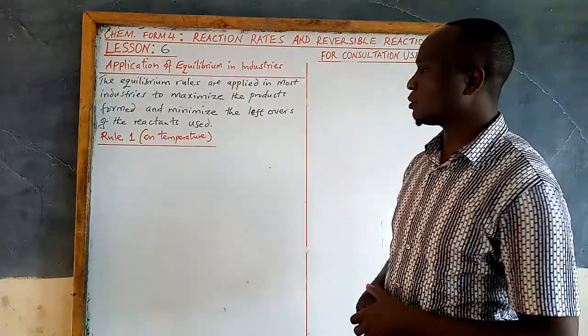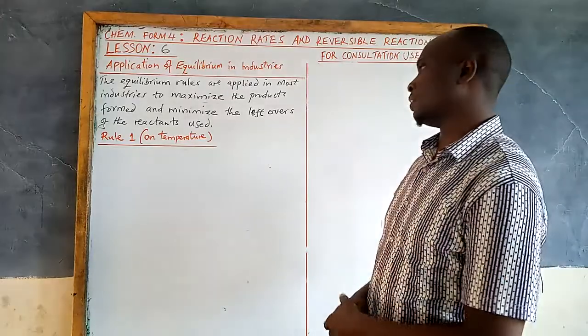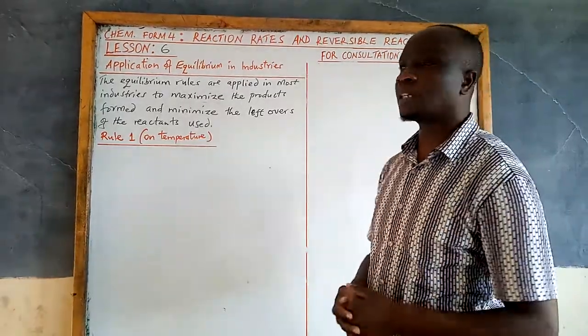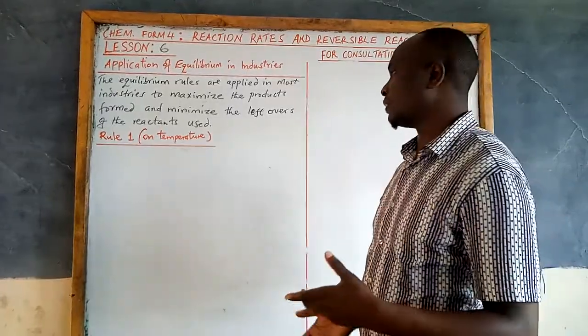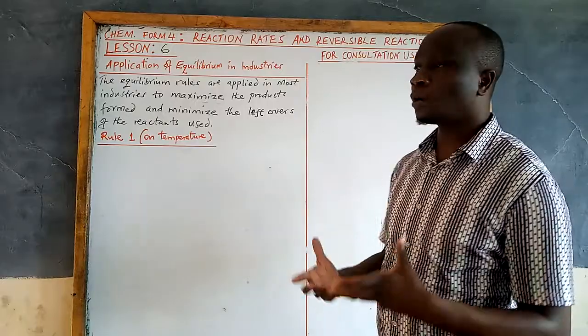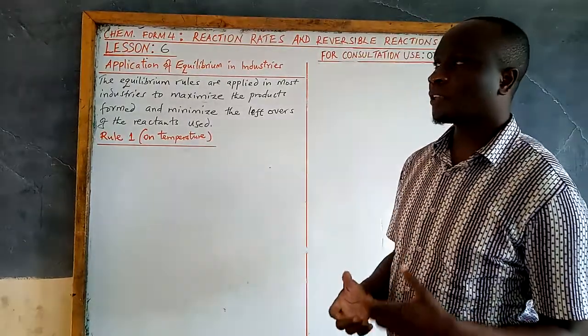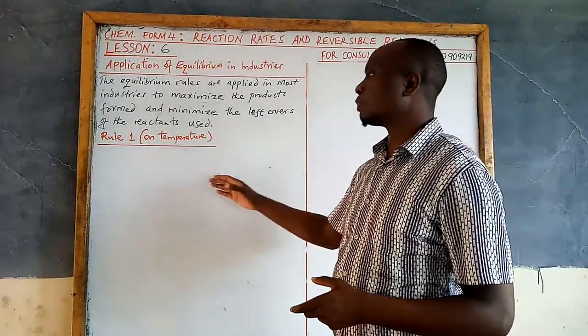So a lot of nitrogen and hydrogen are left unreacted. To make sure that most of the nitrogen and hydrogen are reacted to produce as much ammonia as possible, it will be good to look at the factors that will give us the best yield of ammonia. And so we're going to discuss those rules.